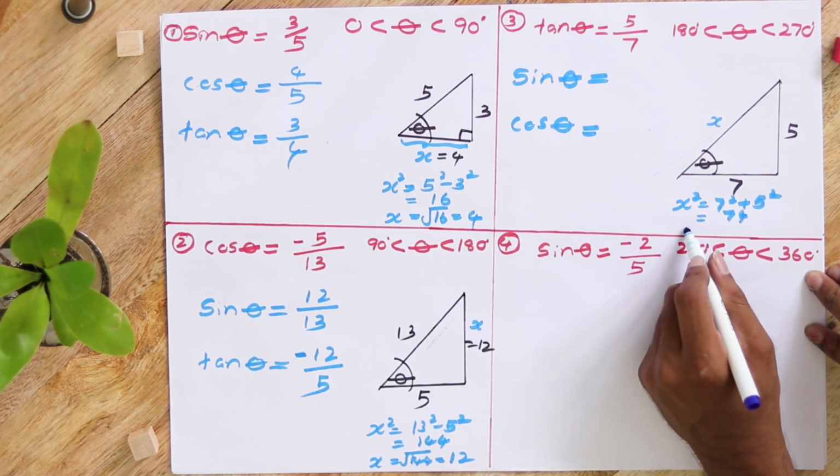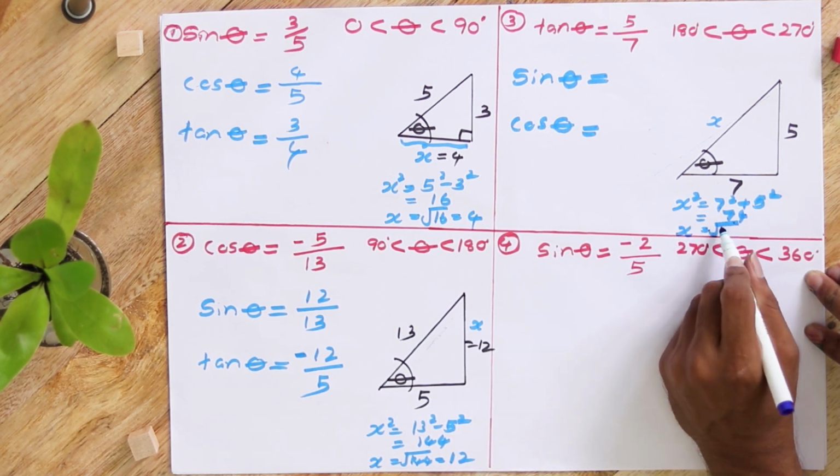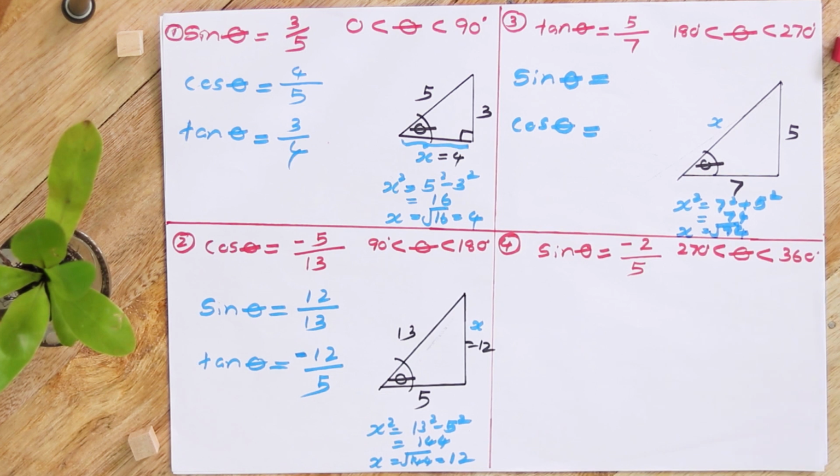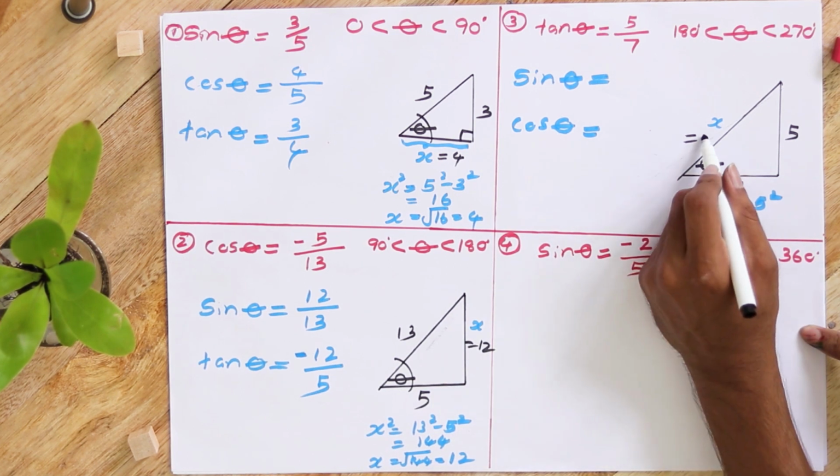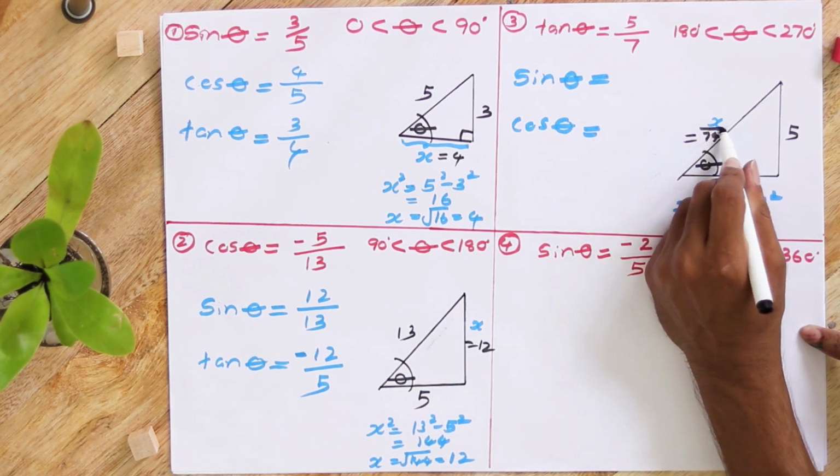And so now x means square root of 74, which is not a beautiful answer, but I intentionally kept the question like this to get this kind of an answer for you to understand. Always in advanced level we can't expect beautiful answers with perfect square roots. So this x will be root 74.